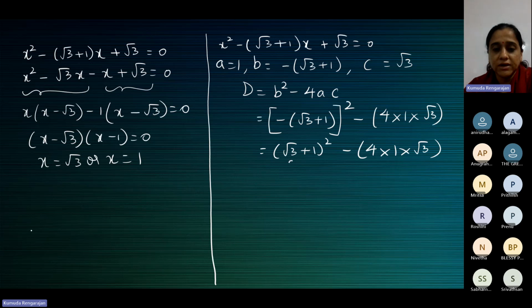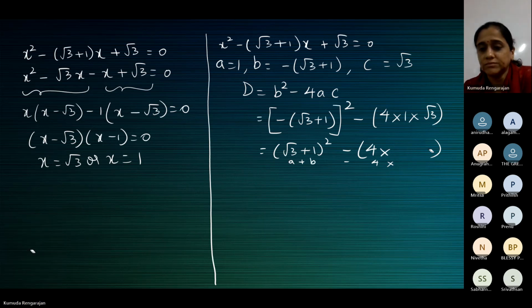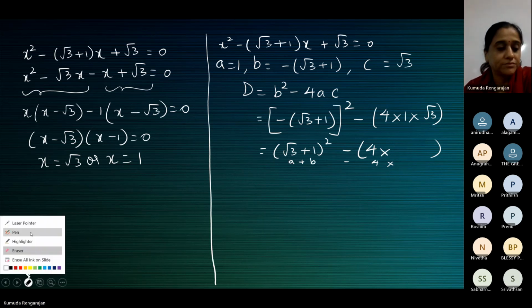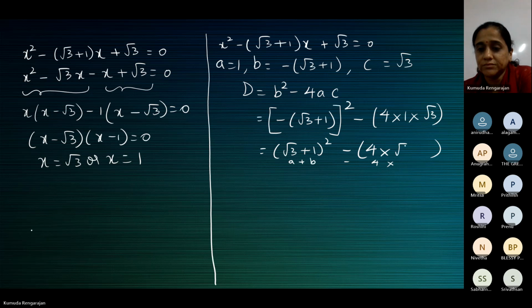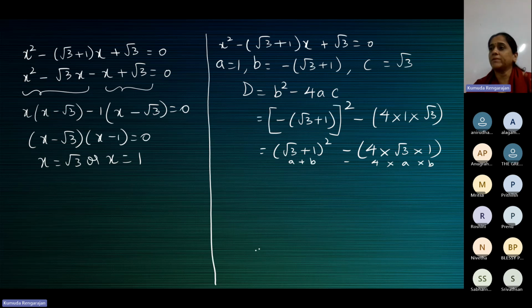What is a plus b the whole square minus 4ab?